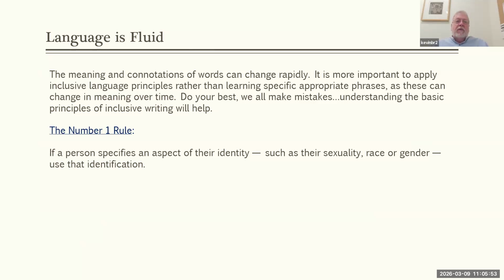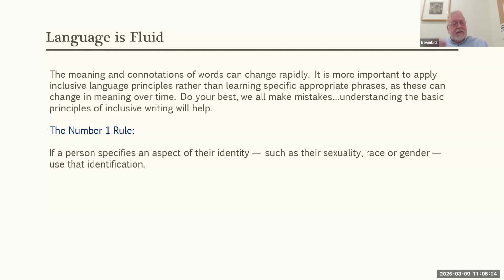When you think back to the 60s, even as recently as the 90s, the 2000s and the 2010s, contexts, meanings, and interpretations have changed for old terms. I'll give you some specifics as we go forward. You don't necessarily have to learn specific phrases, and we all have to do our best with this because the landscape changes constantly.